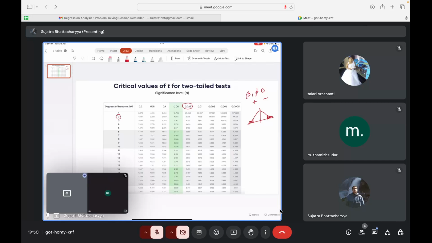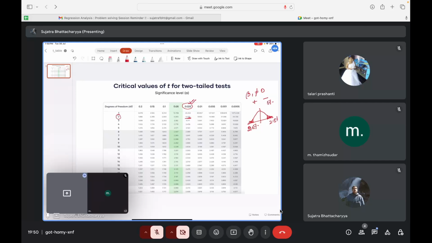If these two areas together are 5%, then each should be 2.5%. That's why 0.025. So corresponding to 2, it comes out to be about 6.205.